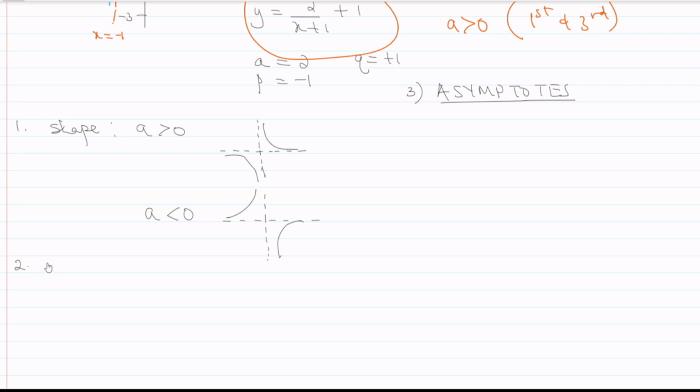We also have to refer to the asymptotes. A hyperbola has asymptotes. Now, how do you find asymptotes? There are 2 asymptotes. The line x is equal to p is our vertical asymptote, and the line y is equal to q is our horizontal asymptote.